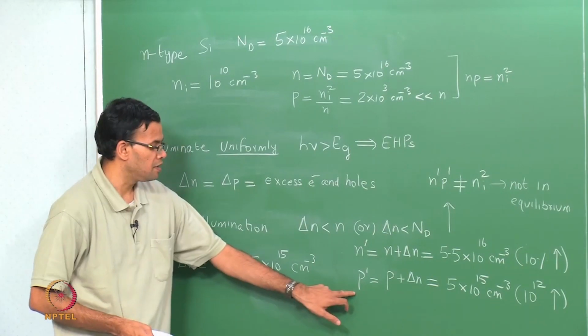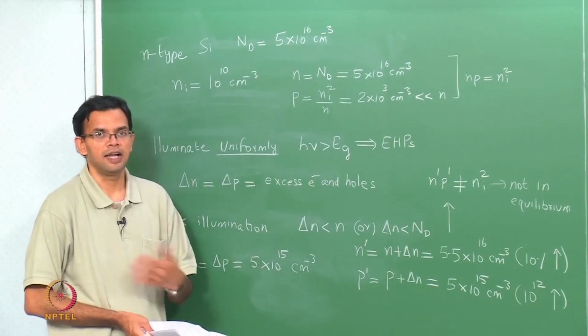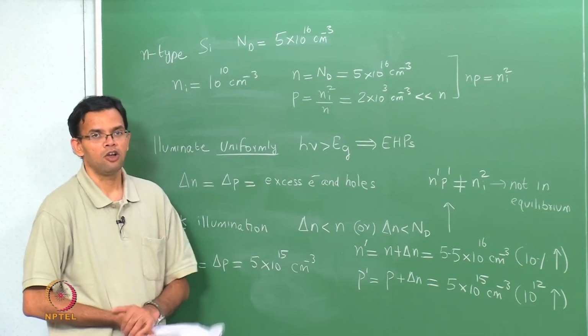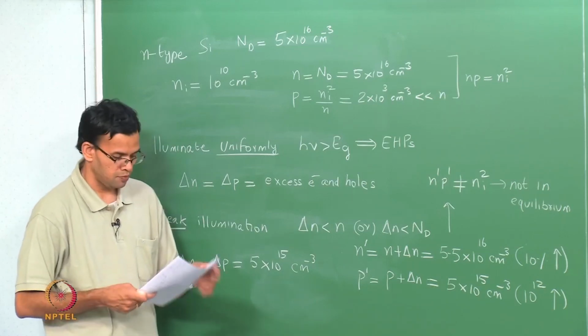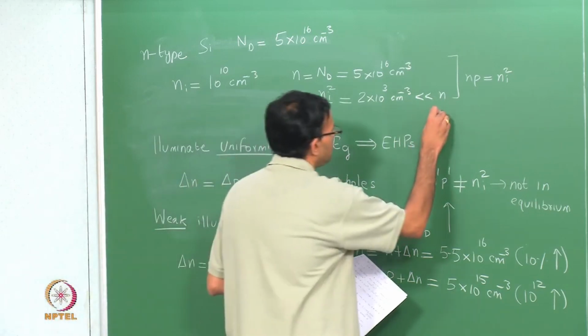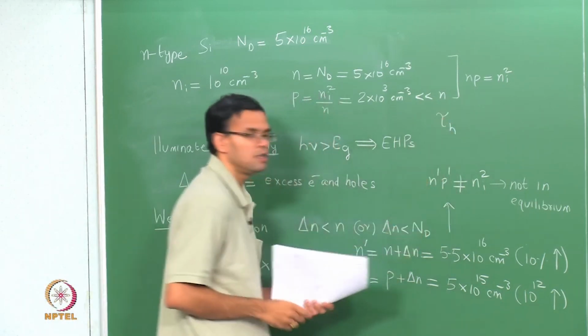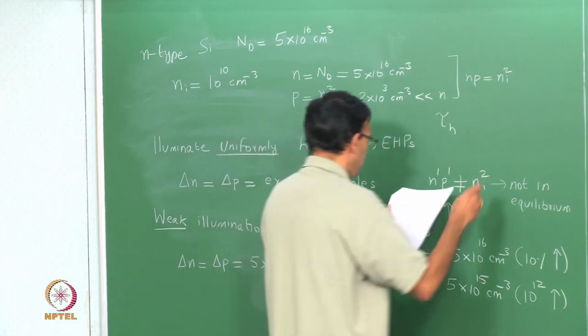The real increase in concentration is in that of the holes, so this recombination is driven by the lifetime of the holes, a quantity which we call tau h, the minority carrier lifetime.